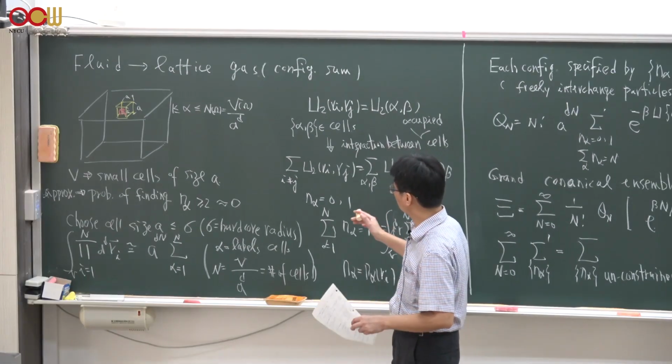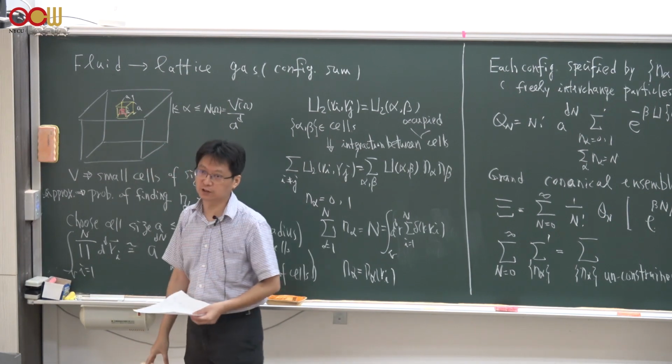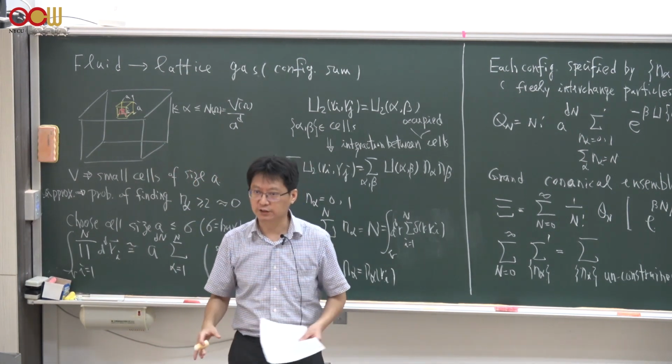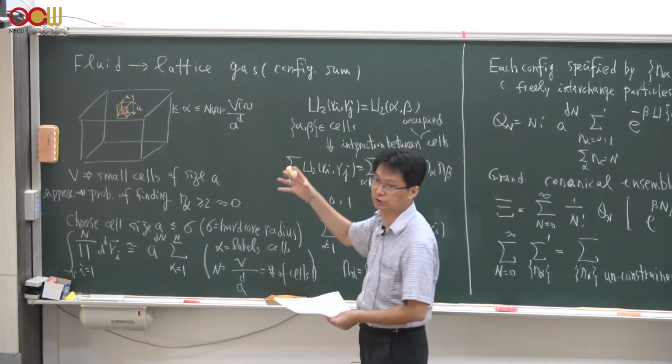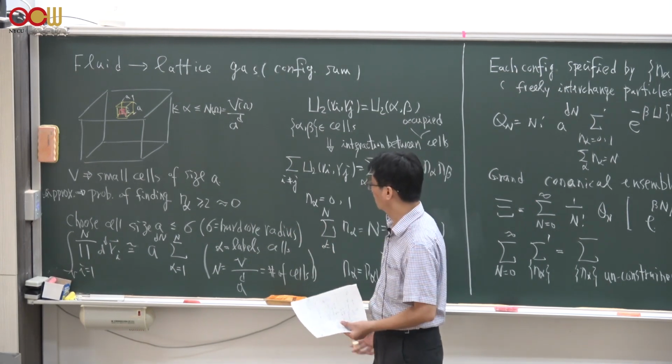As a result, we consider the interaction between all these molecules in the fluid equivalently as the interaction between these unit cells, because within each unit cell there's only one particle.